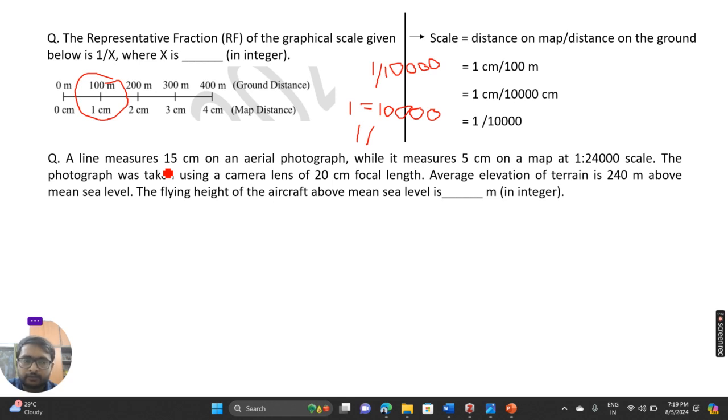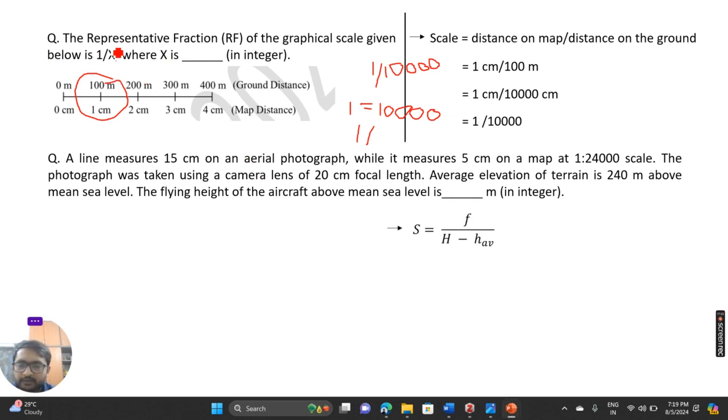So first of all, what we discussed in the previous two questions, the formula of a scale, which is scale is equal to focal length divided by capital H minus small h.